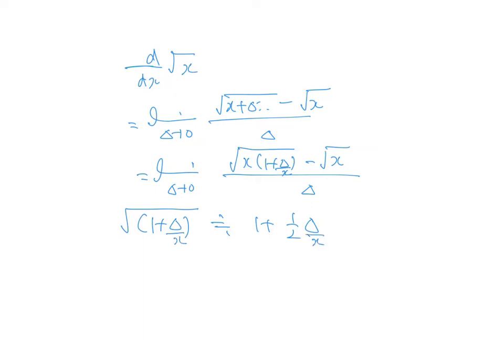So for small delta, the square root of 1 plus delta is approximately 1 plus 1/2 delta.